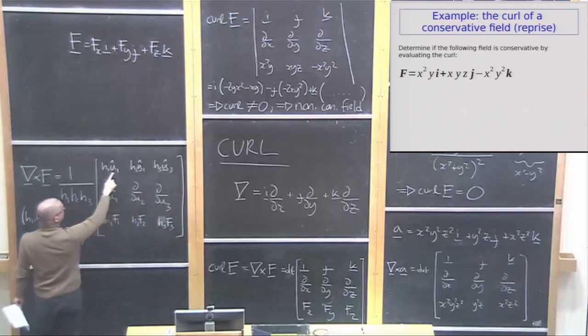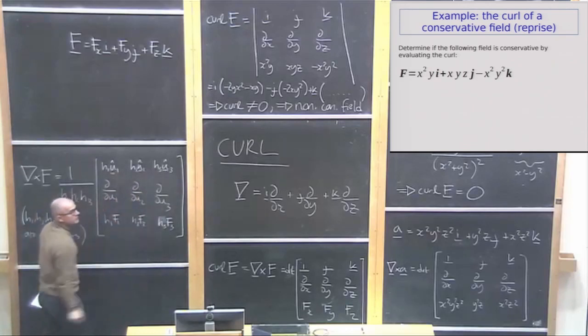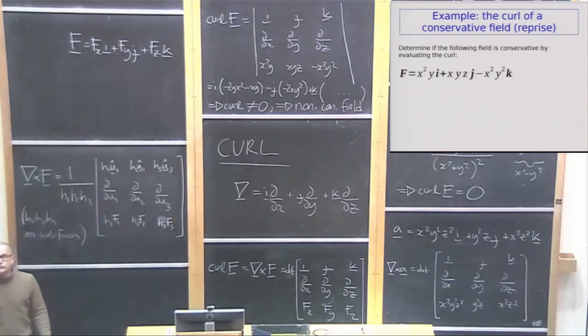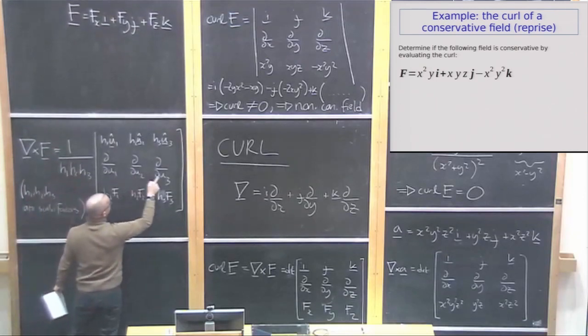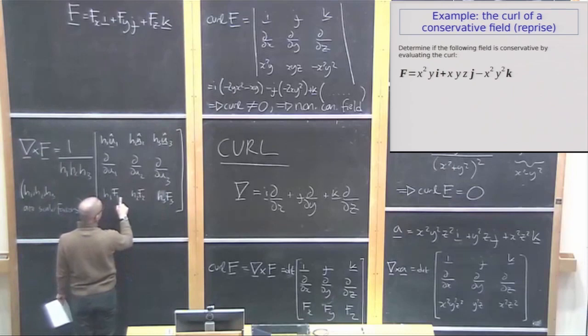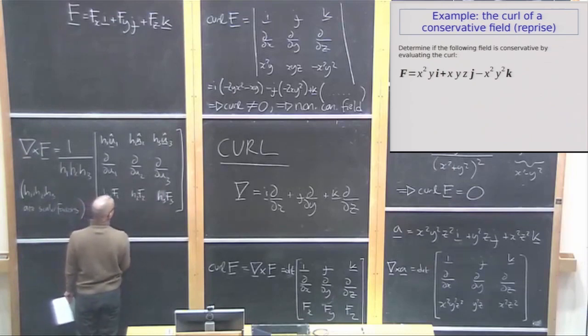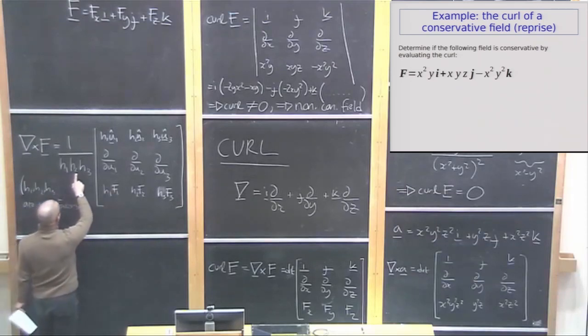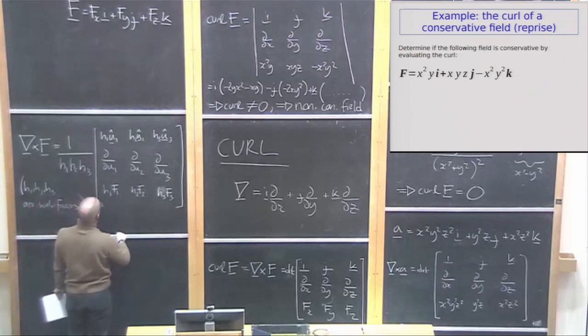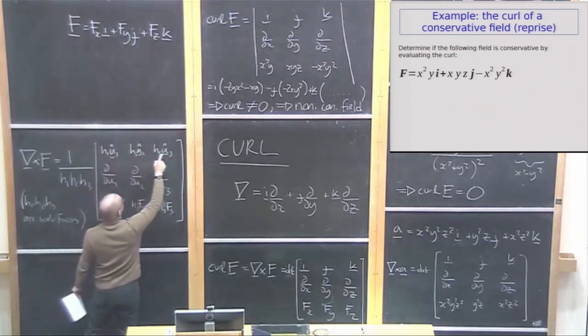Where these are our 3 unit vectors in our 3 different axes directions in our new coordinate systems. These are our 3 coordinates, u1, u2, u3, and these are the components of our vector field in these 3 dimensions. And you can see that, as you know, for 3-dimensional Cartesian coordinate system, h1, h2, h3 are all 1. These are i, j, and k.